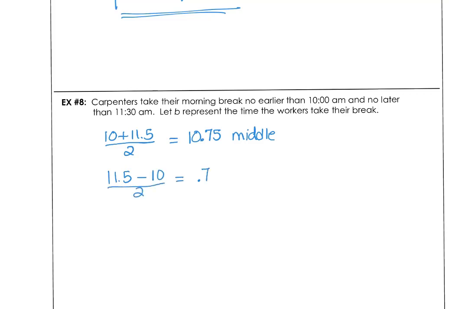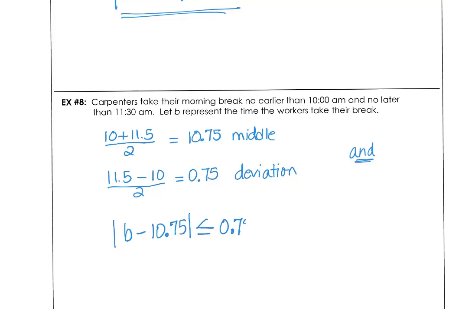That's 3/4 of an hour for our deviation. And I'm going to let the letter B stand for break. So we want to have an and statement again, we want to include, so the break minus the middle would be less than or equal to 3/4 of an hour. And we have finished Chapter 1, Lesson 5.